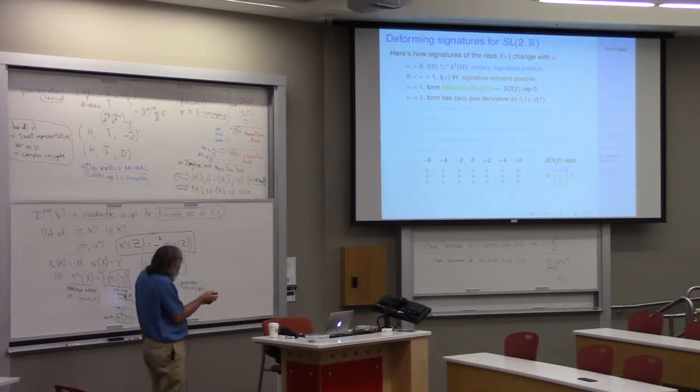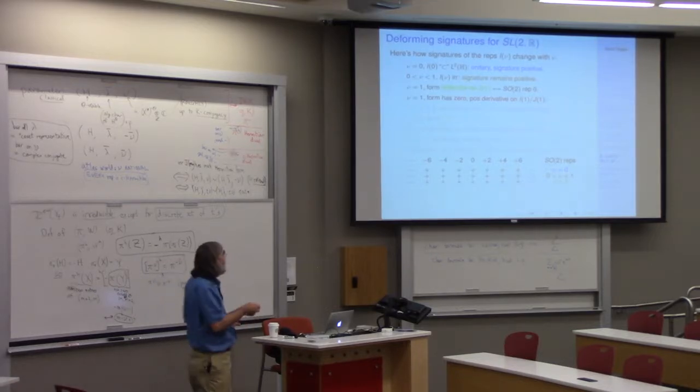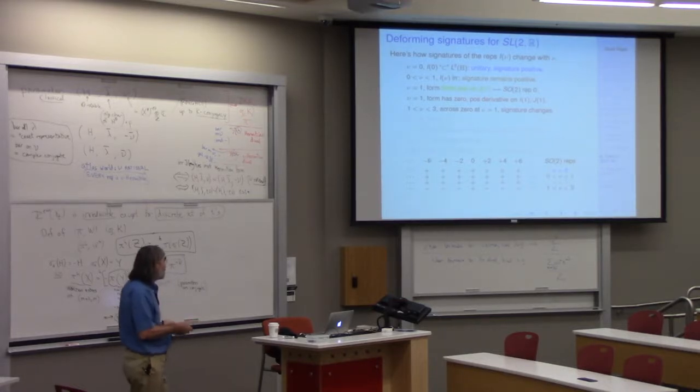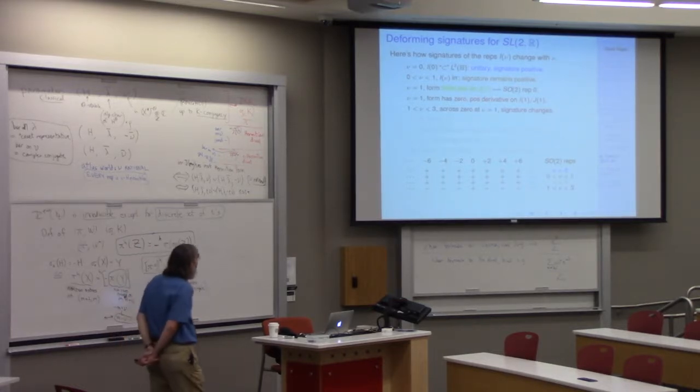At any rate, the conclusion is that all these rational functions have simple zeros at nu equals 1. And since they're simple zeros, after we cross them, the form becomes negative. So from 1 to 3, the signature changes at these other places. And it looks like that.